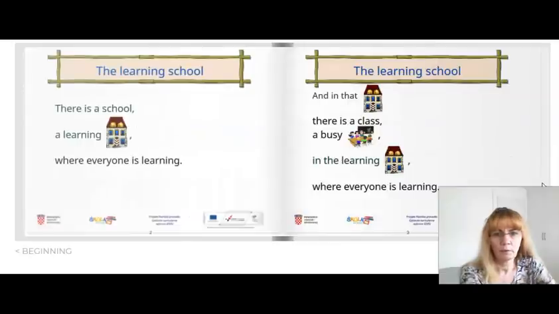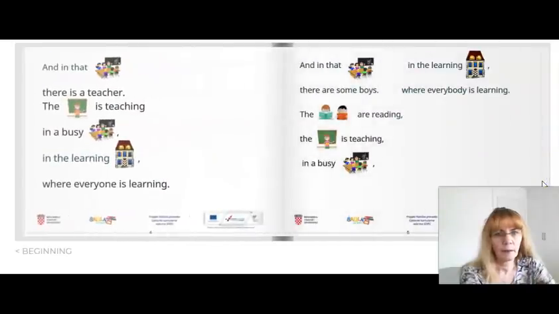There is a school, a learning school, where everyone is learning. And in that school, there is a class, a busy class, in the learning school where everyone is learning. And in that class, there is a teacher. The teacher is teaching in a busy class in the learning school where everyone is learning.